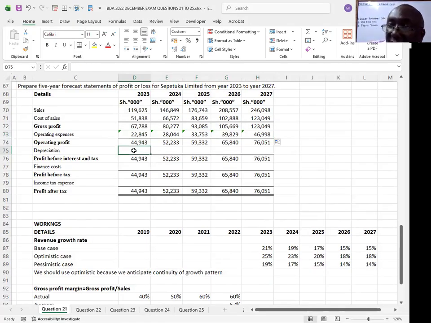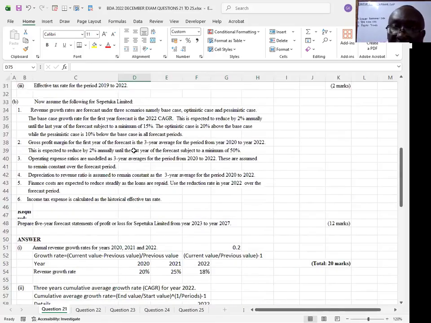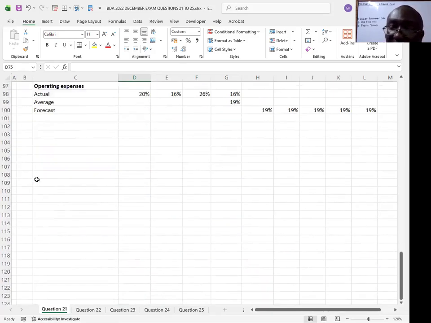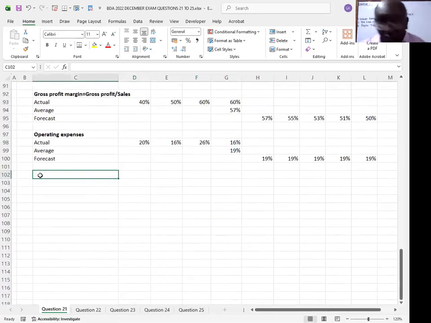Haya, tukimbie kwa depreciation. Tuone wanasema nini hapa juu. Depreciation to revenue ratio is assumed to remain constant as a 3-year average. So hiyo ni kama tu hii ya operating expense. So tukuja hapa chini tuweke depreciation expense.